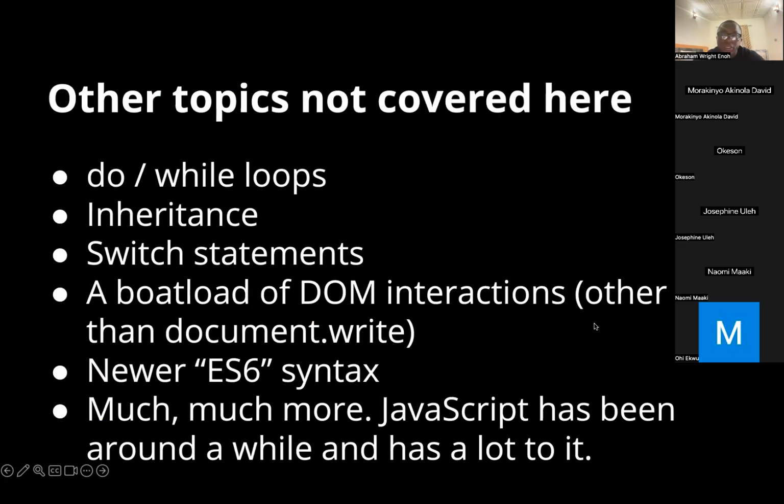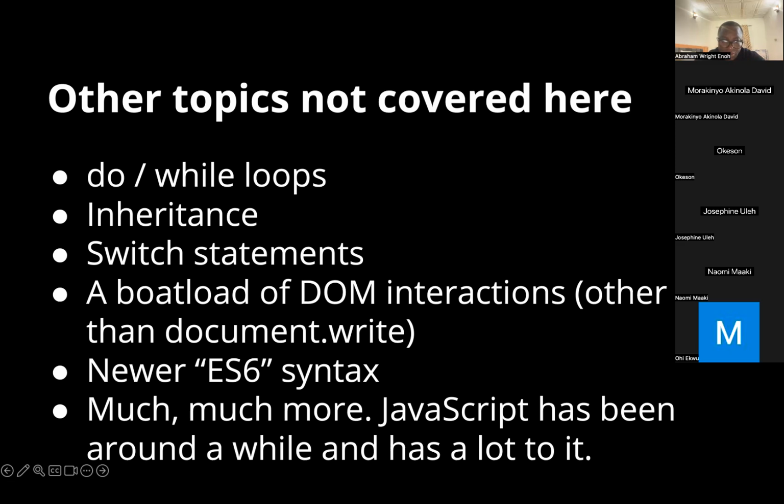All right. Because of our very limited time, these are the topics not covered here: the do and while loops, inheritance, the switch statement, a boatload of DOM, document object model manipulations and interactions, and the new ES6 syntax.